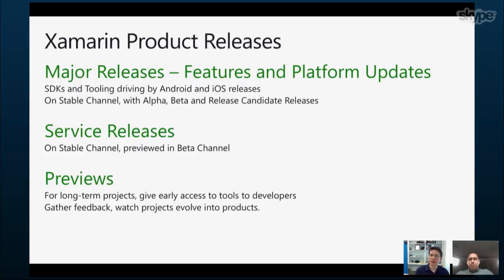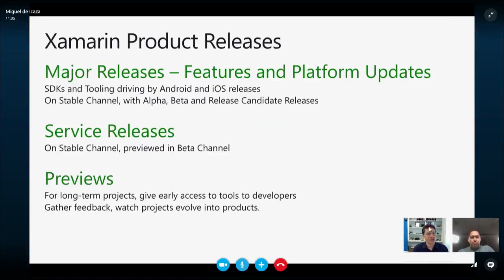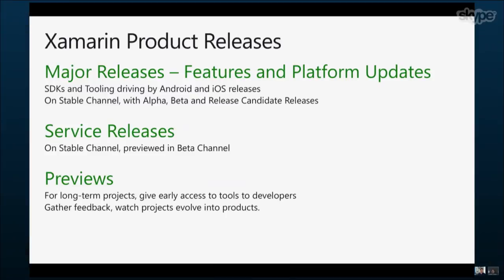Whenever there's a new version of iOS or Android, the whole team works to deliver all the tools and SDK support that you need so you can target the latest features in these operating systems. This is something that we take a lot of pride in. We like to call it same-day support. As soon as the official SDKs go out, our official SDKs come out. Additionally, we do service releases that contain bug fixes, usually on a monthly cadence, sometimes bi-monthly. It really depends on how many bugs we have in the product and things that people want to do.